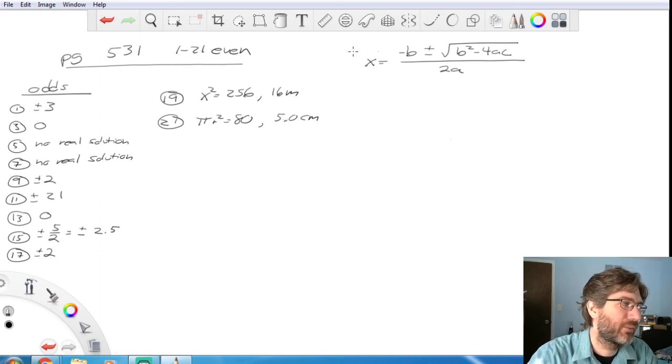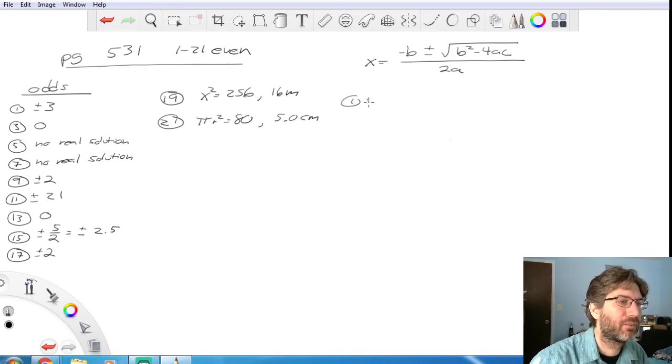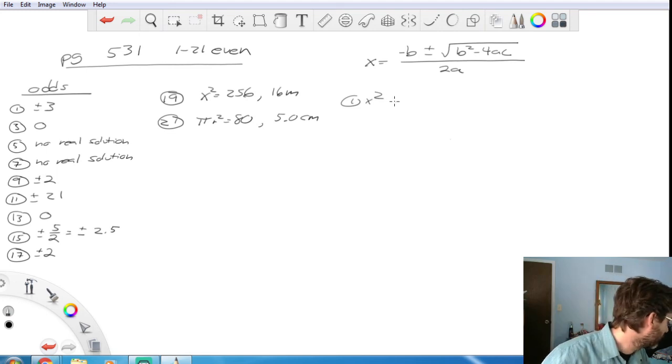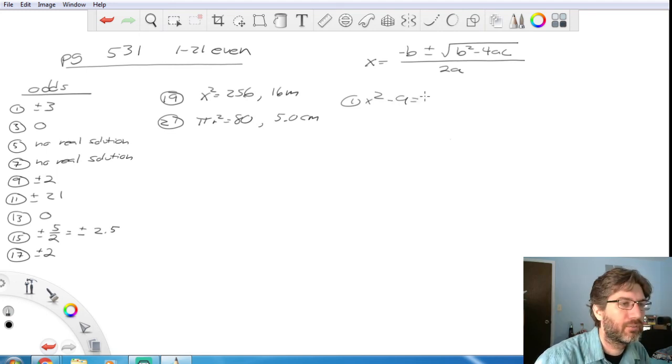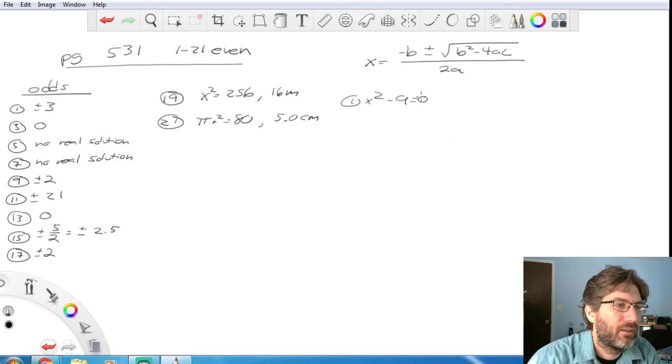I can walk you through one, like if we do number 1 with it. X squared minus 9 equals 0. So you know a equals 1, b equals 0, and c equals -9. And you just plug into this.